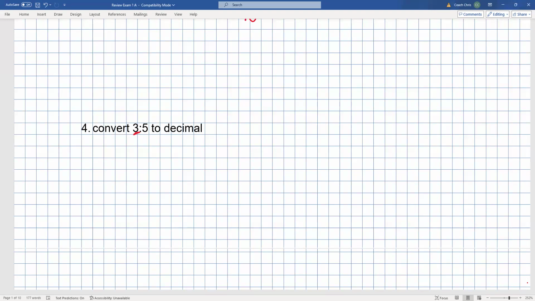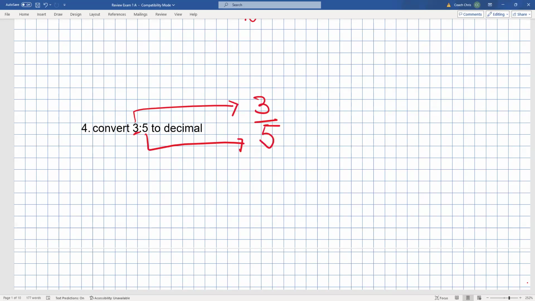To convert this ratio to a decimal, you divide the first number, which is 3, by the second number, which is 5. So 3 divided by 5 gives you 0.6.